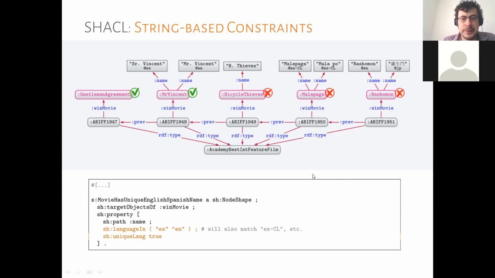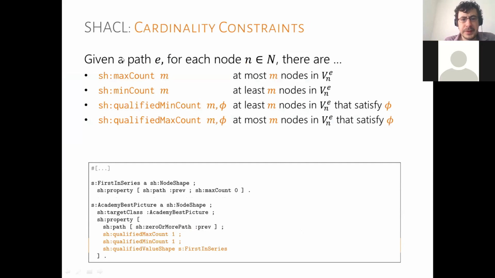Okay. So we also have cardinality constraints, which we've seen plenty of examples of, in fact, of max count and min count, which allows us to say, for example, that best director must have at least one person who wins, right? But we can also use the qualified min count or qualified max count.